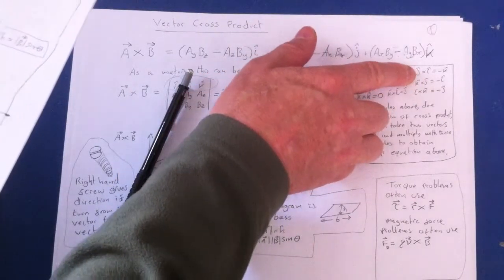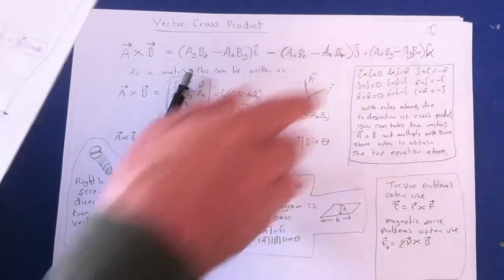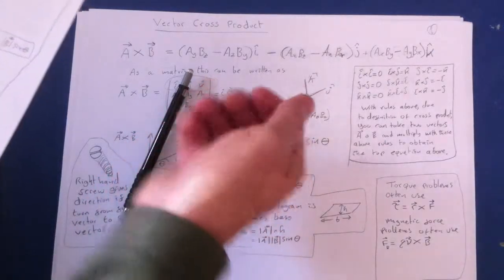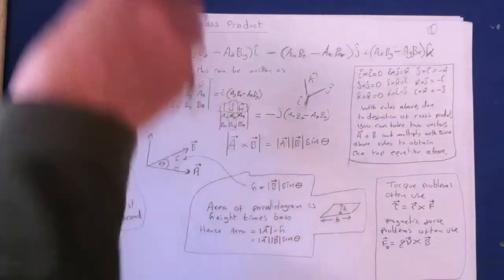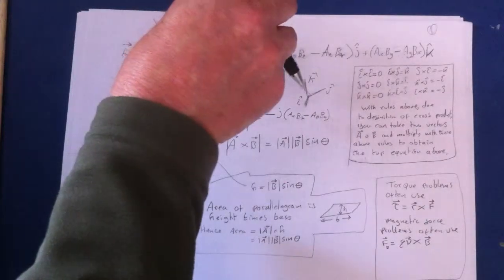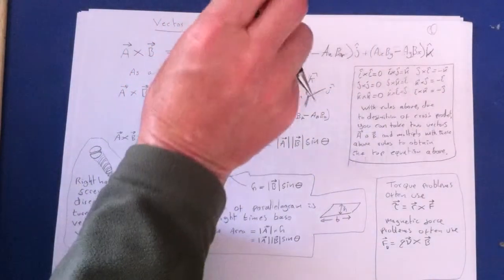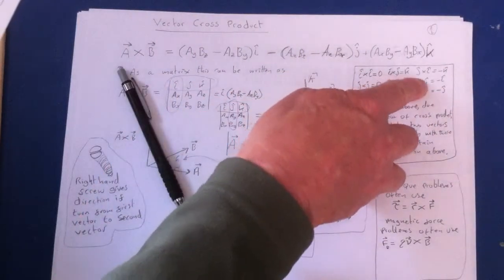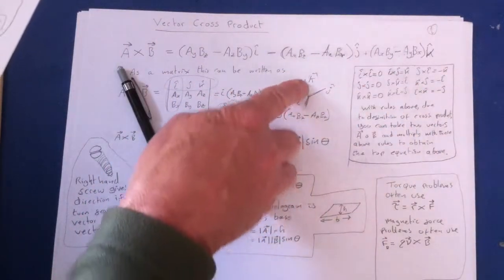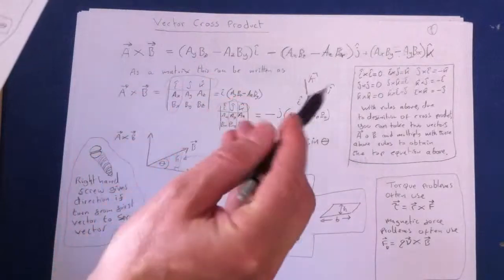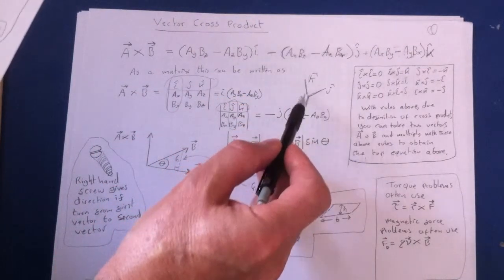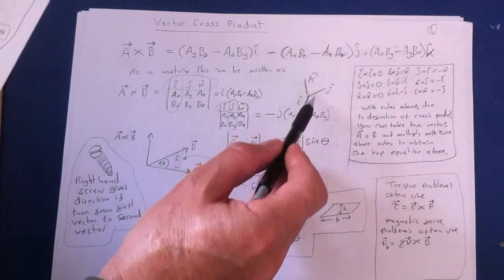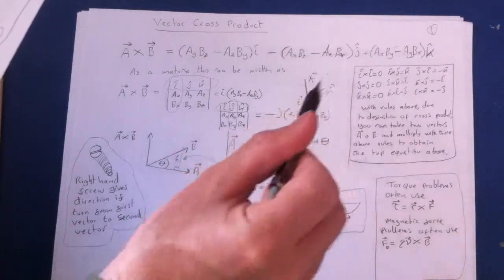But here, this is the interesting one, you've got J cross I. Now J cross I means you're going from J here to I, so look, you're spinning round that way, so you're going into the page, so that's minus K. And then K cross J. So for K cross J, you can see if I put my screw here and I swing K around to J and start turning, then I'm going into the page.